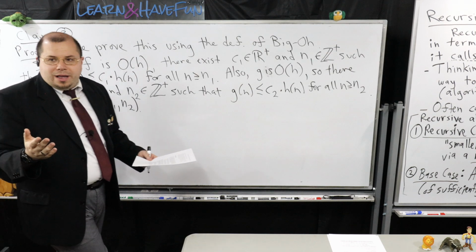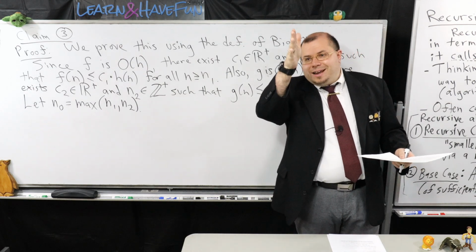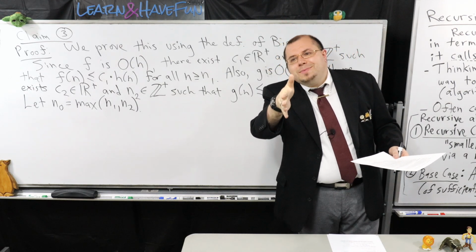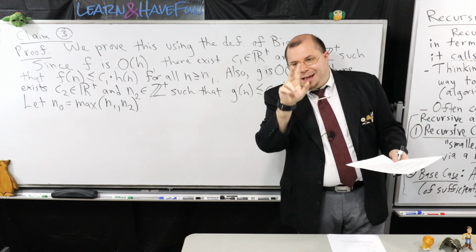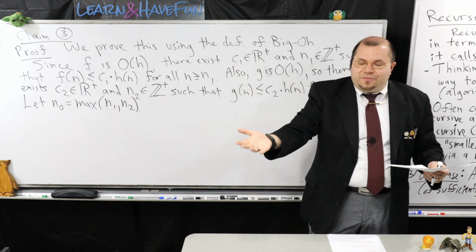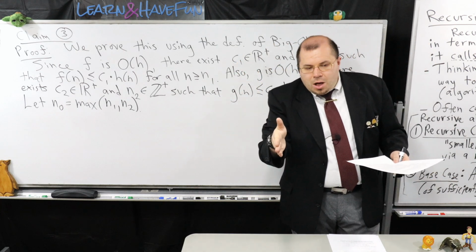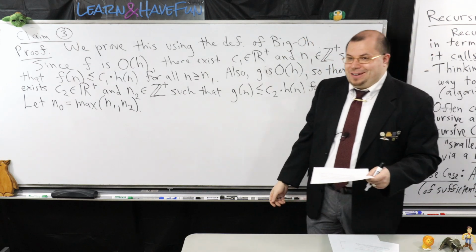Do you remember what I told you about the selection of that integer constant? As long as you pick that constant at the earliest point where that crossover happens, where one function dominates the other, or after. The after part is what's important here.